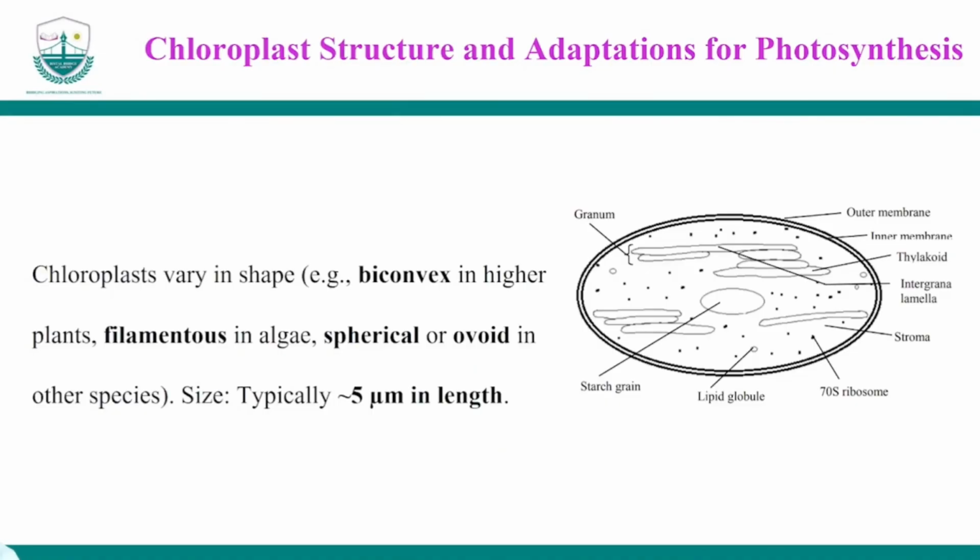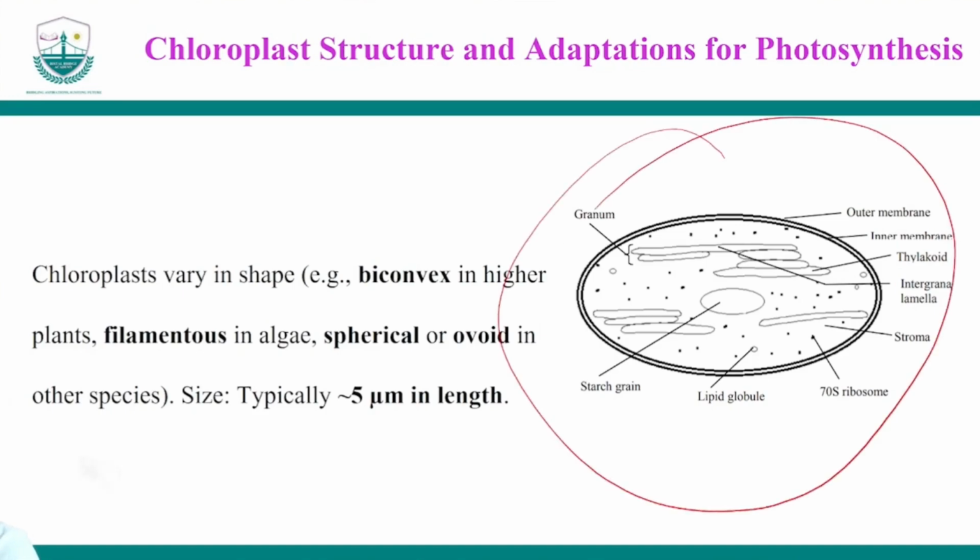So we earlier on emphasized that the chloroplasts are the ones that carry out the process of photosynthesis, because they have the pigment that can trap sunlight, and that pigment is what we call chlorophyll. These chloroplasts come in different shapes, so you will not have the chloroplasts having the same shape throughout.